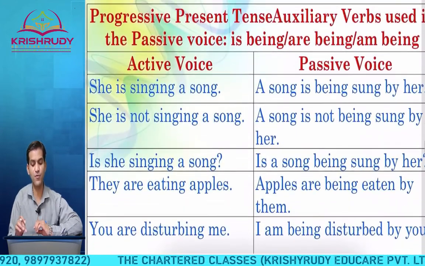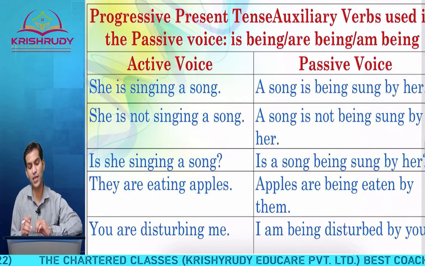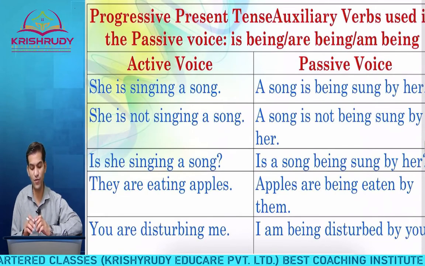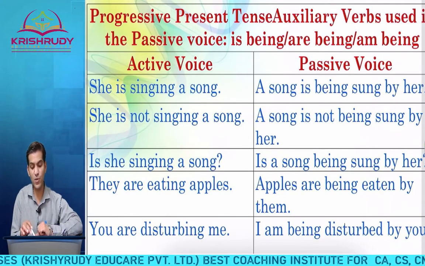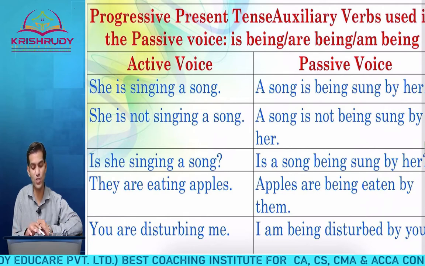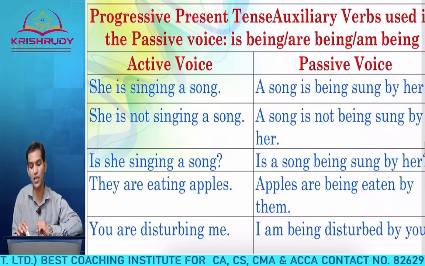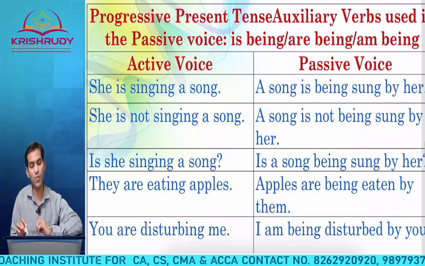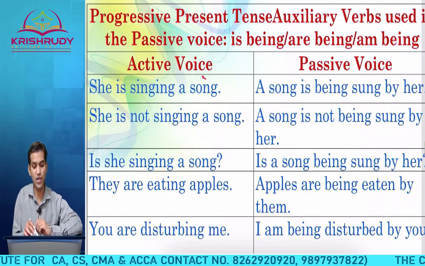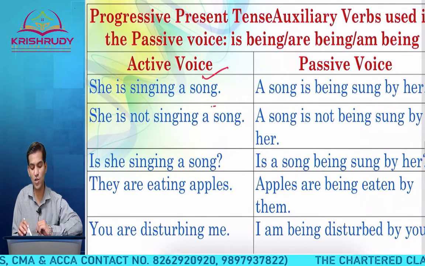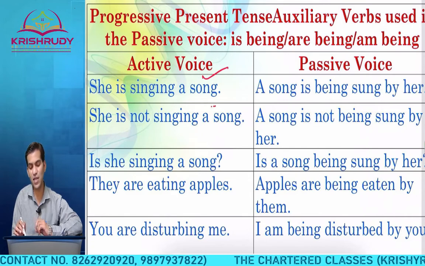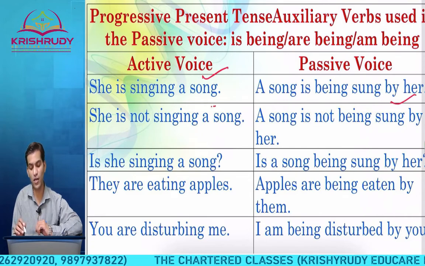Now progressive present tense. Progressive present tense means present continuous tense we are using here. The auxiliary verbs used in the passive voice are is being, are being, am being. So you can see here, active voice: she is singing a song; passive: a song is being sung by her, right?